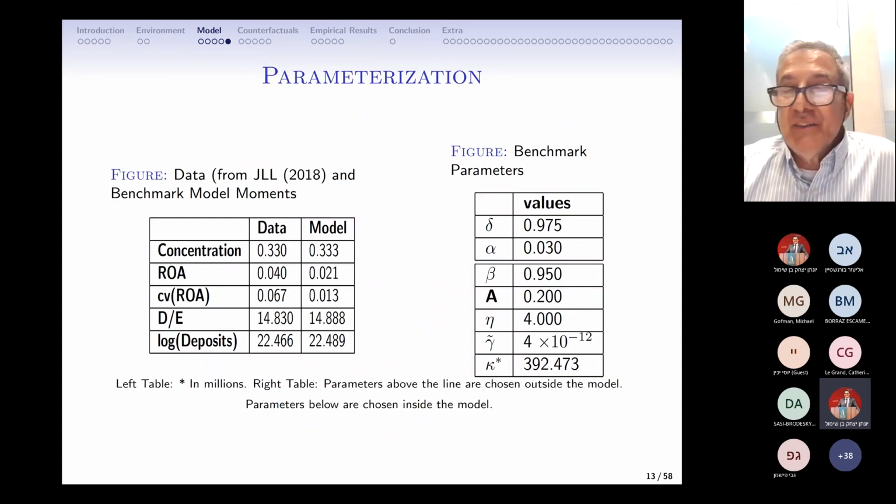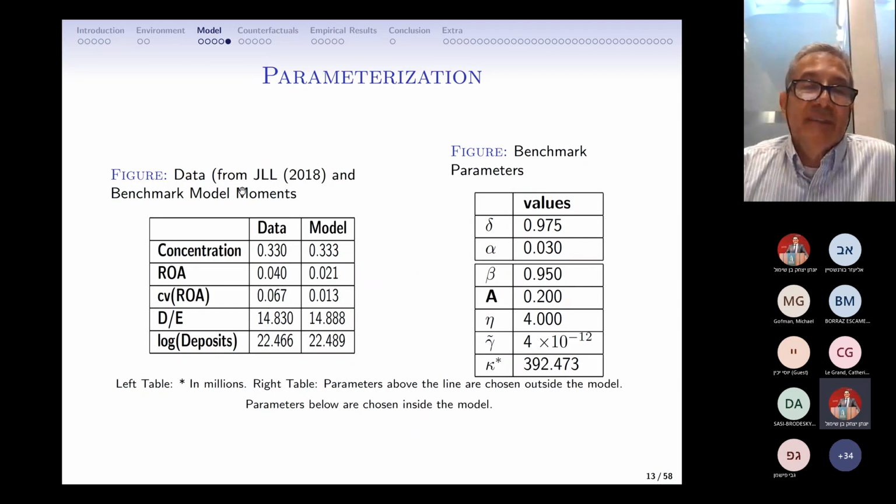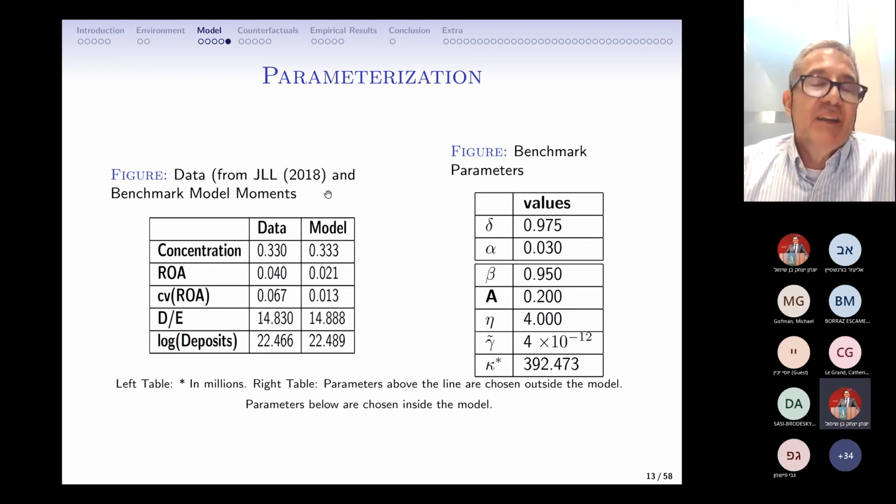We take this model really simplistically to the data, and the data we're using is data Ross Levine has constructed. I think the papers are in RFS, or I don't remember where. He has several papers that are published using these ideas from the data.